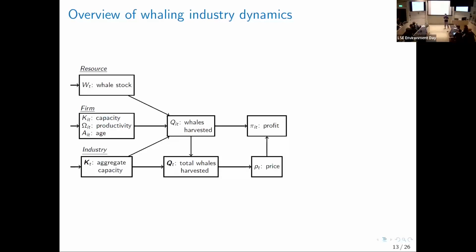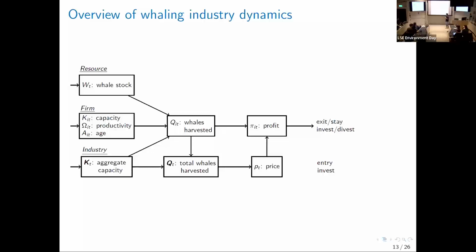Then price is determined by aggregate supply and aggregate demand, and firms make profits based on their output and the market price. Now they make dynamic decisions. They decide whether to exit or stay. If they stay, they make an investment or divestment decision.